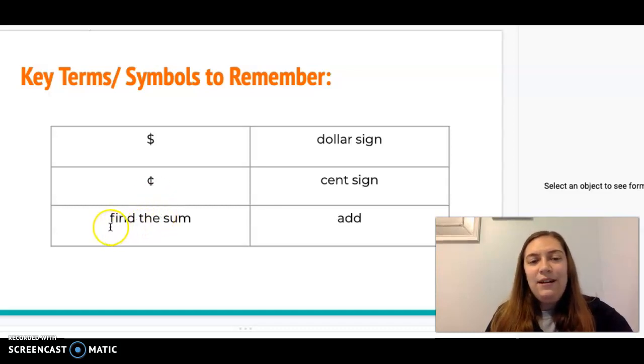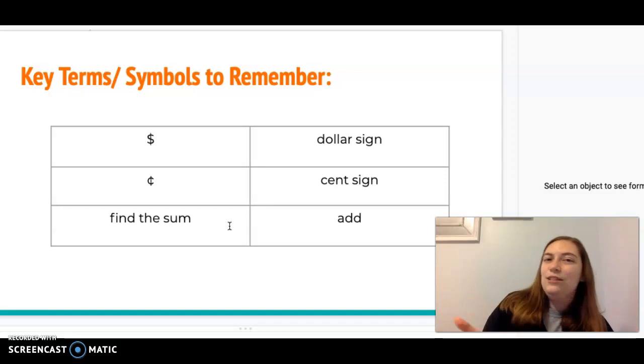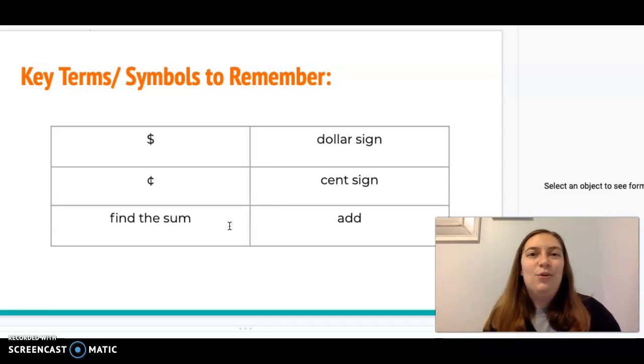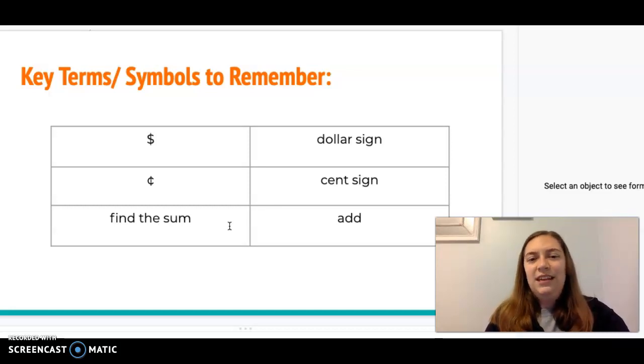And when it says to find the sum, that's one of our key words, sum, and that tells us that we need to add. So remember, we have different keywords that tell us when to do different problems. If it says find the difference, we subtract. If it says find the product, we multiply. Find the quotient, we divide. Find the sum, we add. So hopefully you remember those. I just wanted to review them just in case.